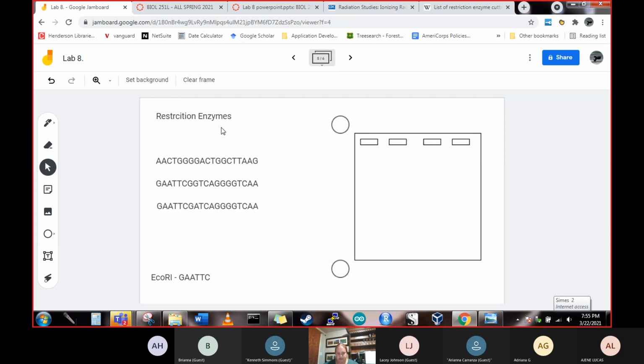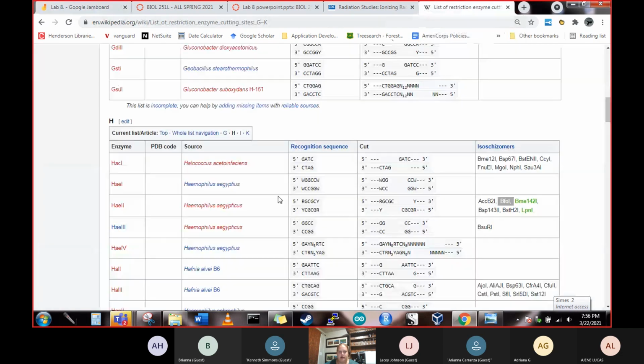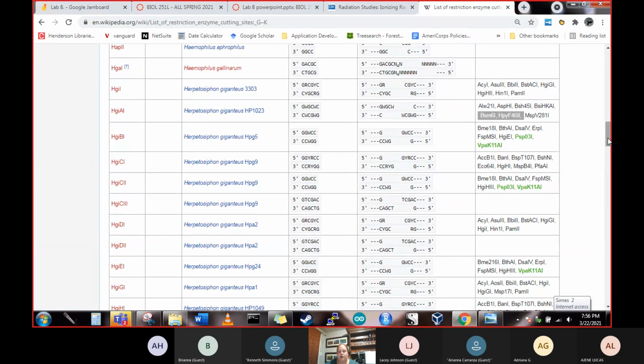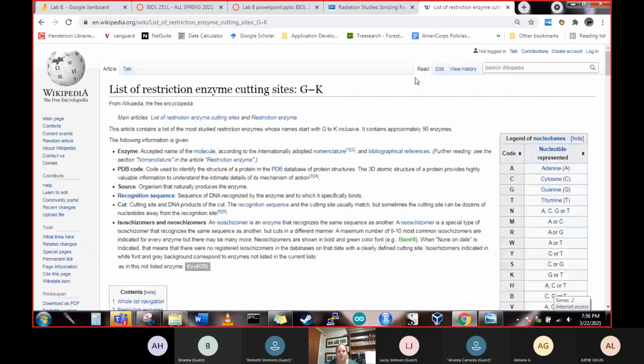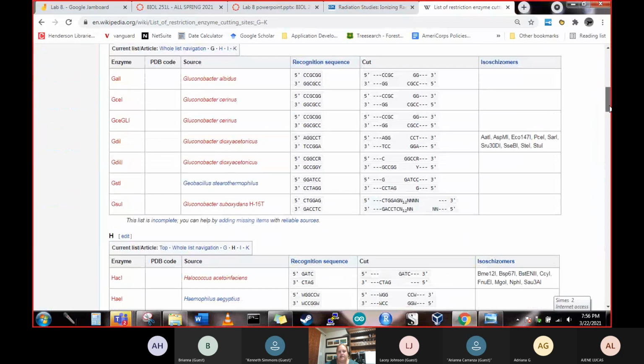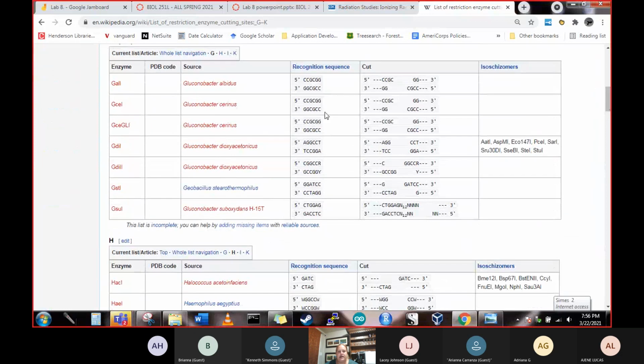So restriction enzymes, and I actually Googled it because I was wondering how I would show you guys what lists of restriction enzymes look like. This is just the Wikipedia page for G through K of the different restriction enzymes that exist. Restriction enzymes cut DNA at specific sequences. You can see here there's like GST1 or GDI2.